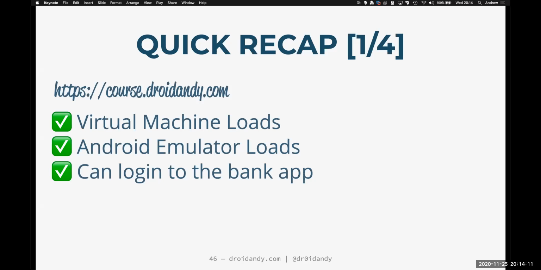Hopefully we're at the point where the Android hacking lab virtual machine loads, and the Android emulator loads, so we can load the backend using Python app.py, and also the emulator itself, and then we can log into the banking app using the credentials that we saw last time. That's where we need to be in order to follow along. If you're not at that point, feel free to watch and then catch up at a later stage.